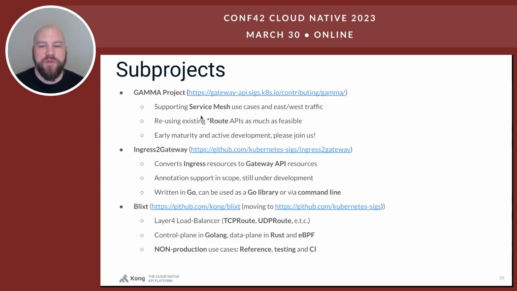There's Ingress to Gateway. We understood there would probably be a general need from end users to be able to take an existing Ingress resource and convert that into Gateway API. So we have a tool for that under Kubernetes SIGs, Ingress to Gateway. Right now, it is capable of doing some of the basics.